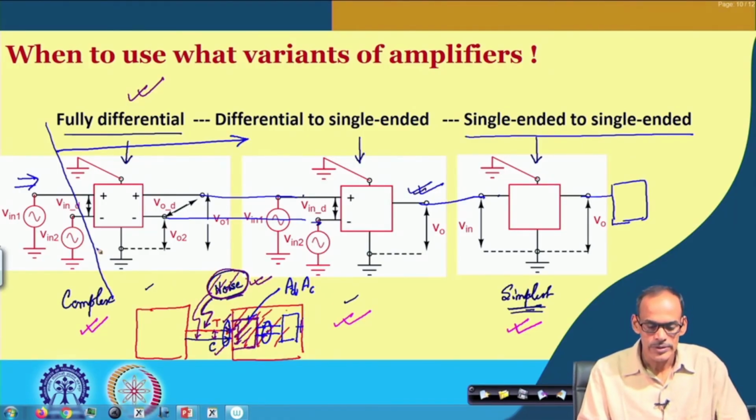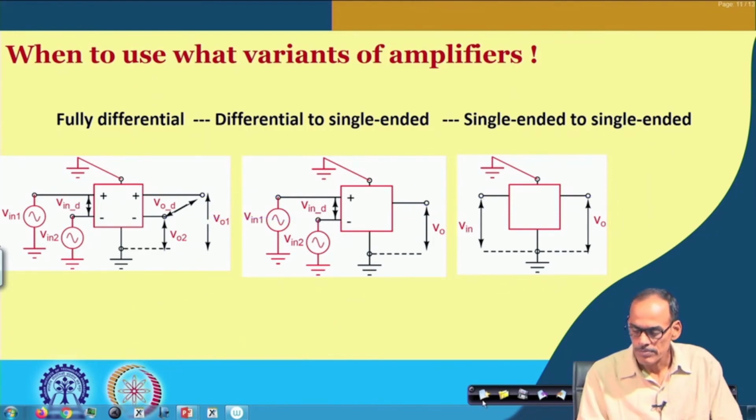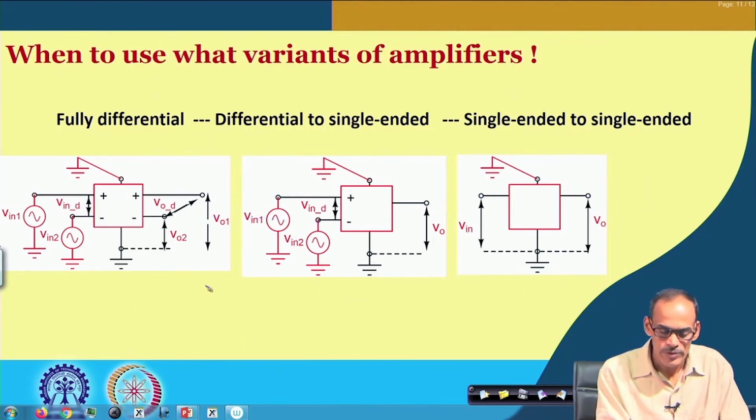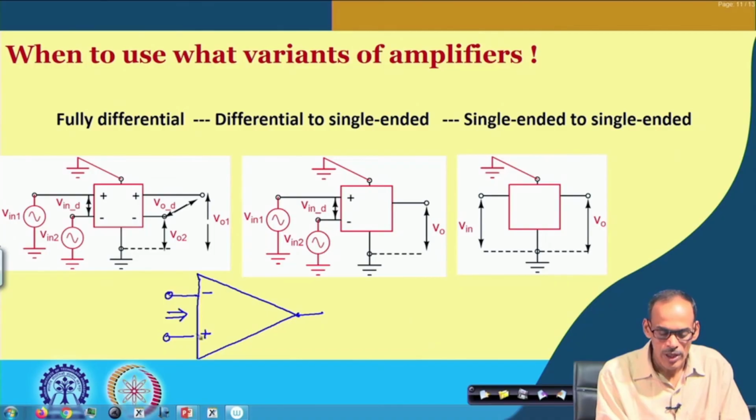So, that gives you some idea of where and when we should use what kind of amplifier, what kind of configuration. In fact, if you see the op amp, in the op amp also, if you see its input port, we have the inverting terminal and the non-inverting terminal. So, we are expecting that whatever signal is received by this block will have a significant amount of common mode.